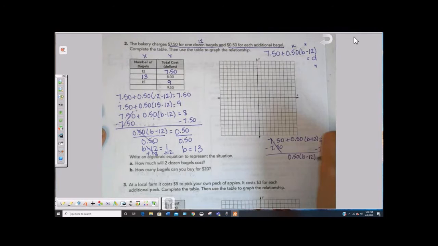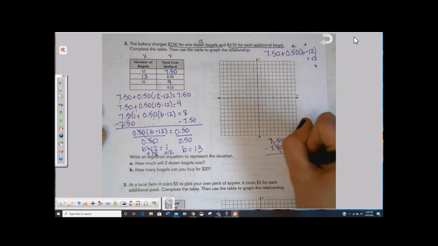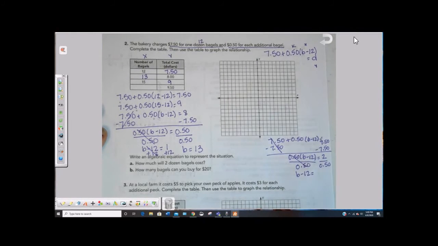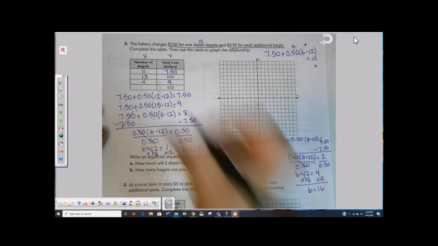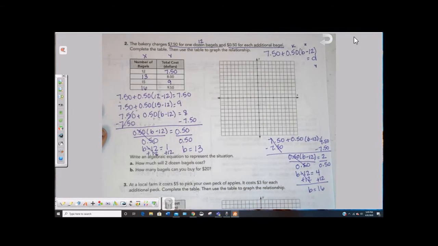Bring down your 50 cents times B minus 12. We know $9.50 minus $7.50 is 2. Then we're going to divide each side by 50 cents. Then you're left with B minus 12, and 2 divided by 50 cents is 4. Add 12 to both sides, and you get B equals 16. So there are 16 bagels.